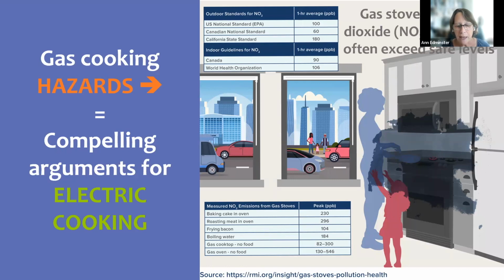So these are a couple of excerpts from a Rocky Mountain Institute report, this in the next slide, showing how we're exceeding safe levels of pollutants in our homes when we cook with gas. And this is particularly damaging, of course, to children whose immune systems are still developing, and of course to the elderly as well, or anyone else who may be health or immune compromised.